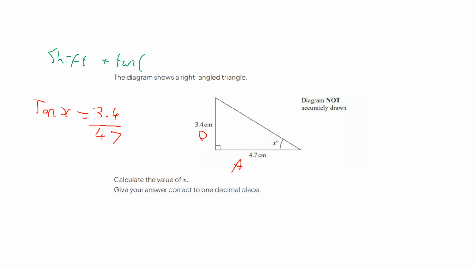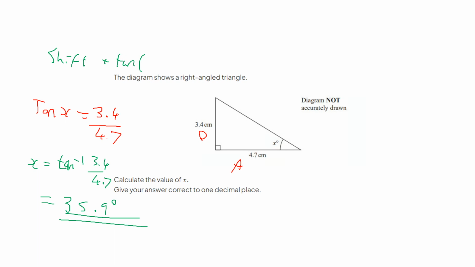So what we're left with is x is equal to the inverse tan. Sorry, I wrote 10. The inverse tan of 3.4 over 4.7. And once we do that, we are left with an answer of 35.9 degrees.